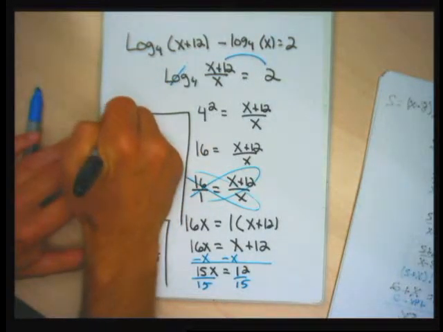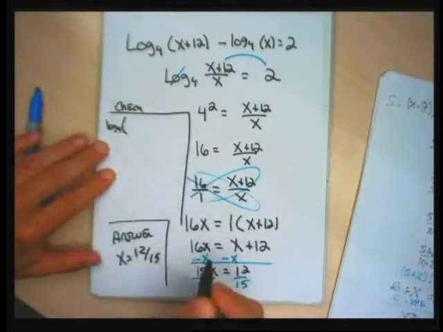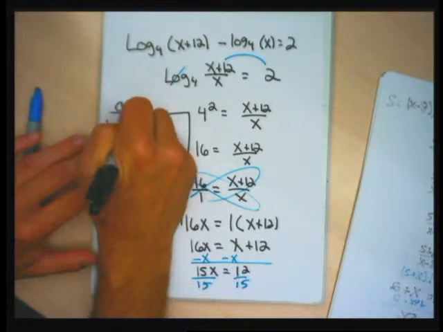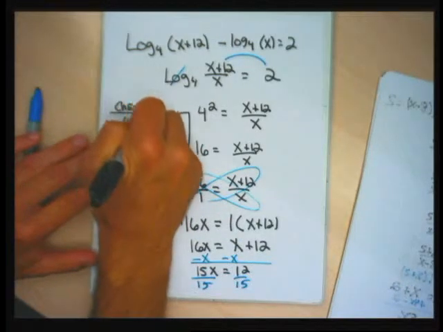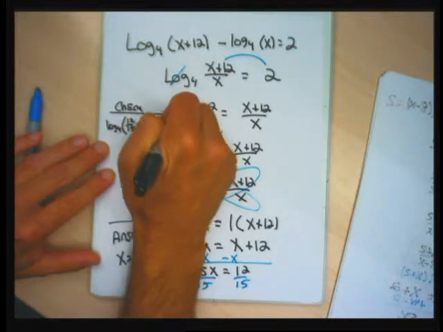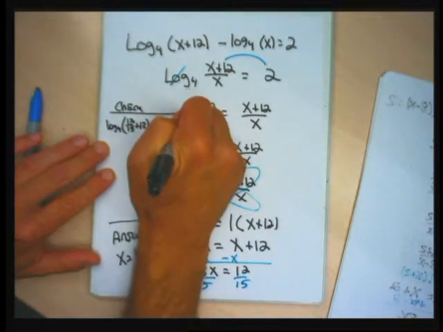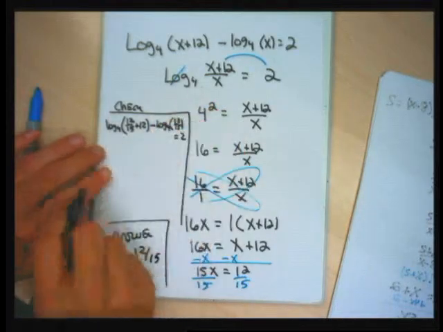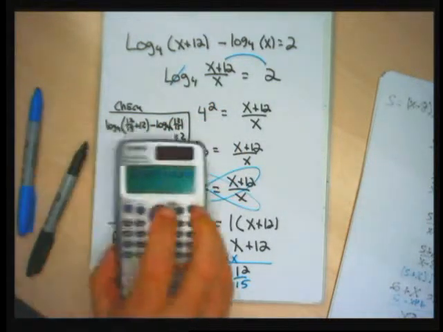So I'm going to go log base 4 of 12 over 15 plus 12, minus the log base 4 of 12 over 15, and see if that equals 2. If it equals 2, I feel good.